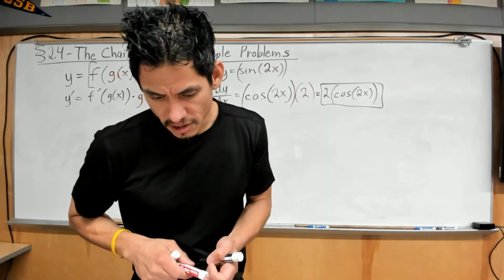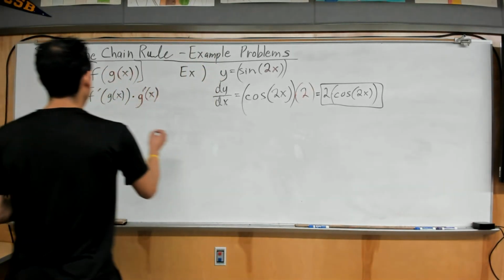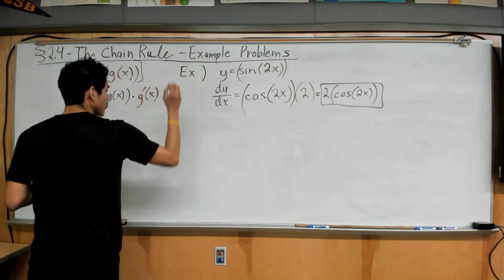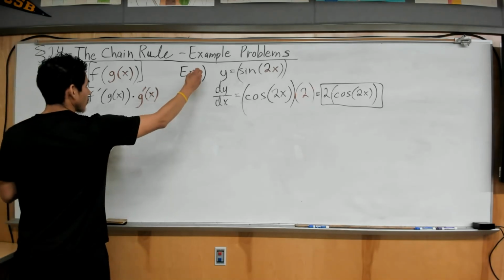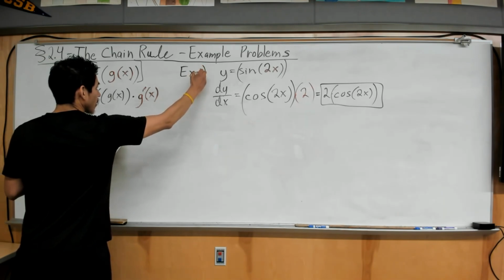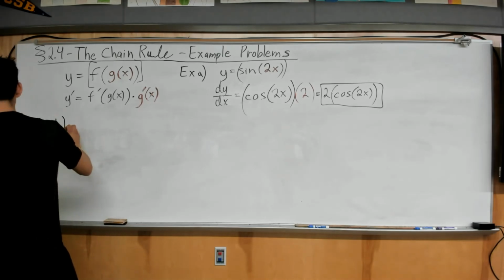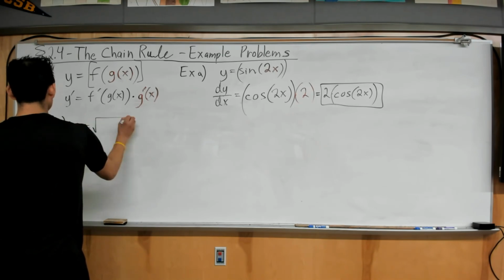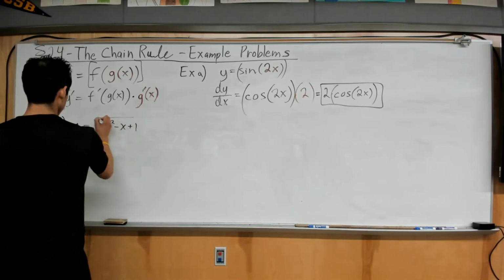So let's look at another example. Example B. We have y equals the square root of 3x squared minus x plus 1.